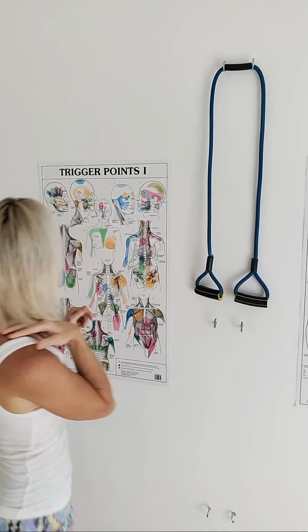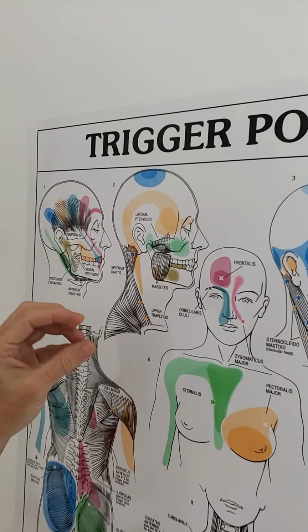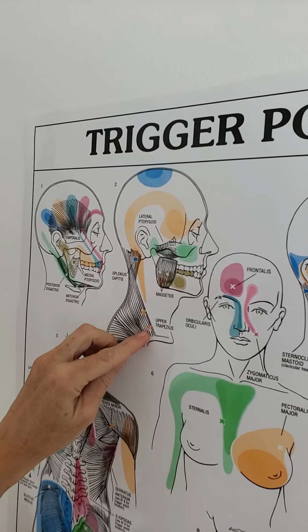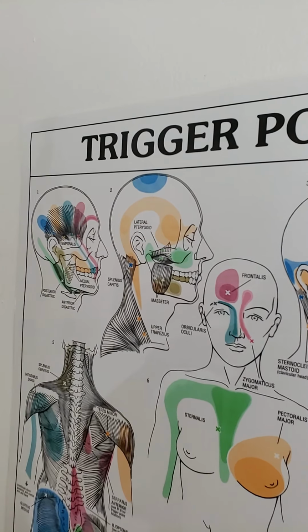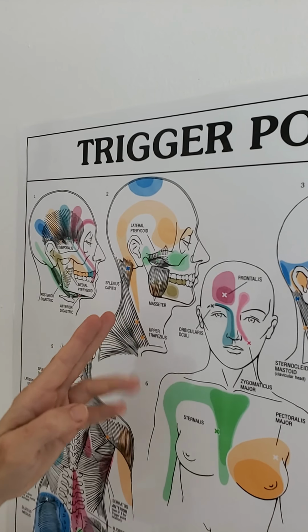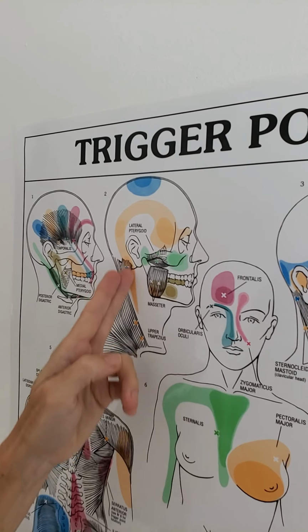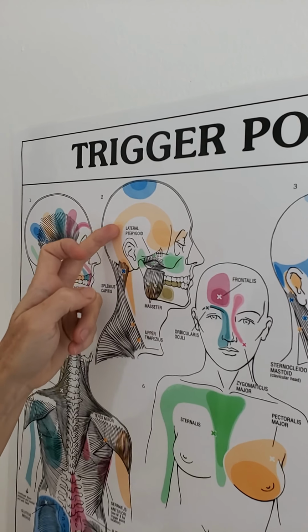It's very common. I'm going to show you on the chart. These X's are where the muscle fibers are contracted, and this orange area is the area that is affected. You might get pain or sensation on the affected side that travels in an arc behind the ear.